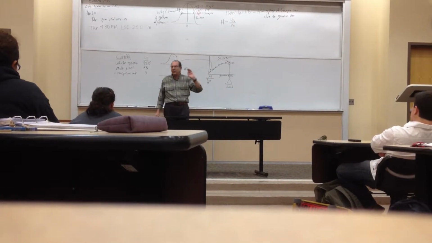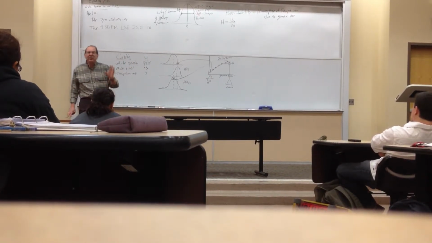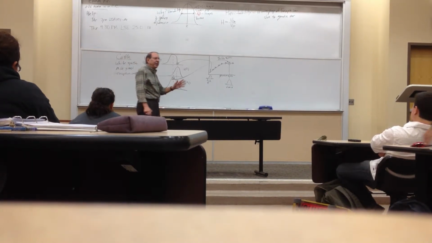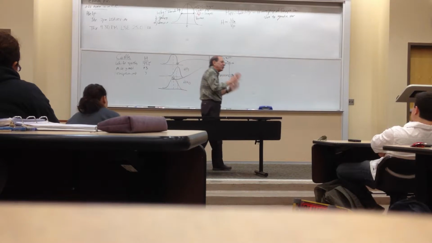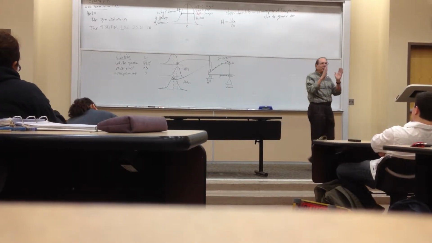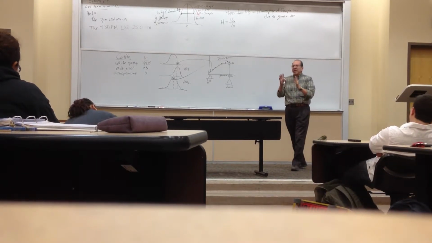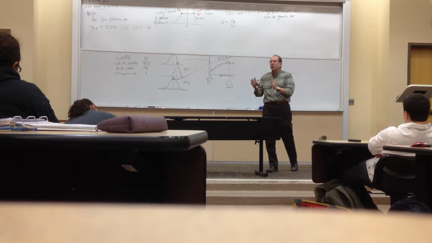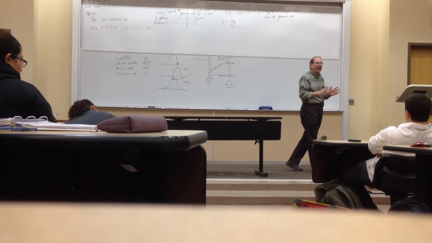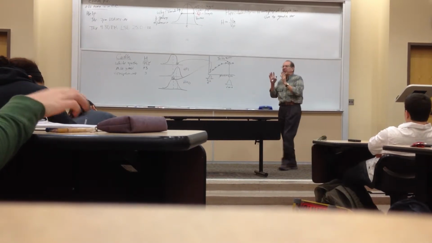So heritability says nothing about the phenotype. Heritability is strictly only what proportion of the variability is due to the genes. The genic variability. It has zero to do with inheritance.